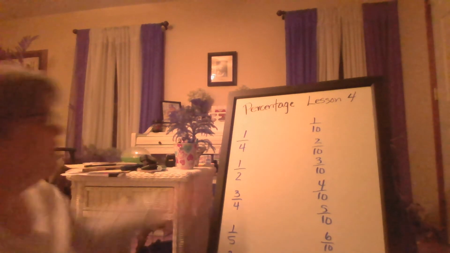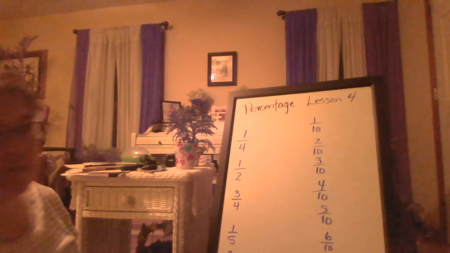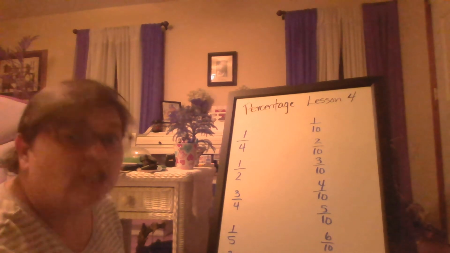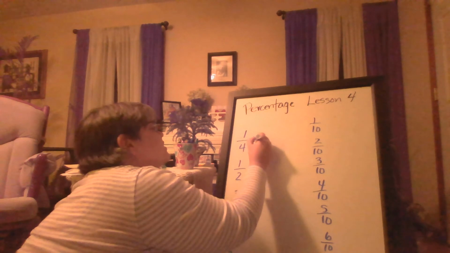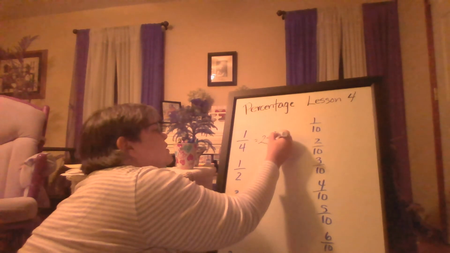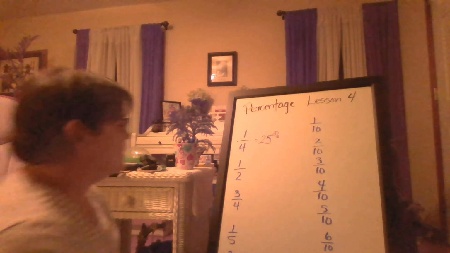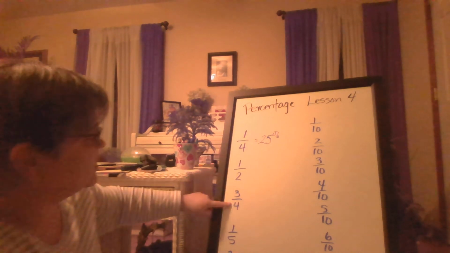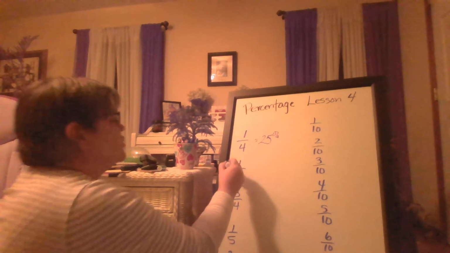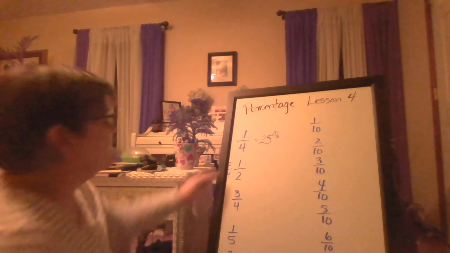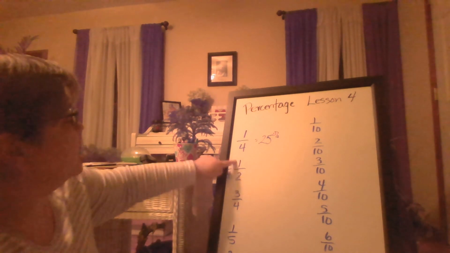So here we go. So 1/4, right? 4 goes into 100 25 times. This is 25%. And that might not look like 25 to you, but that's what that is. So this is 1/4, 2/4, and 3/4. See, 2/4 simplified, because 2 will go into 2 and 2 will go into 4 1/2 times.